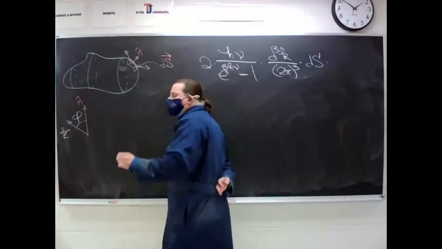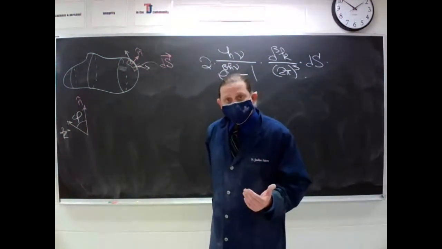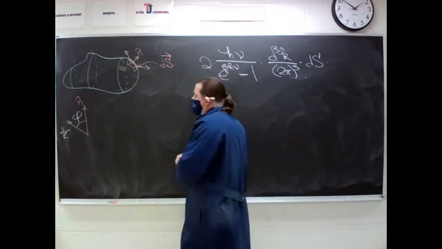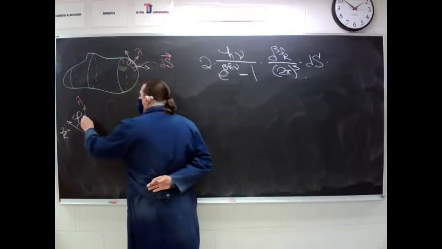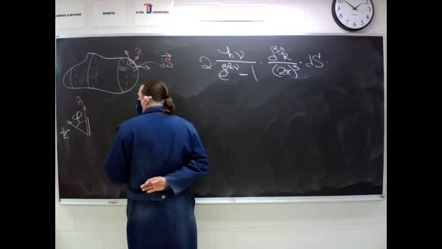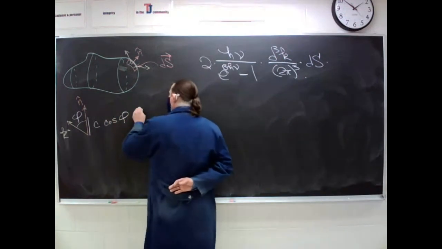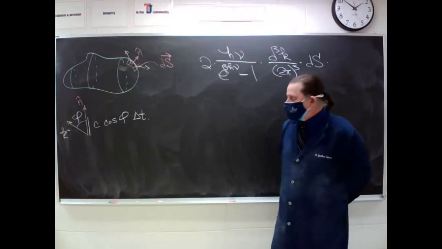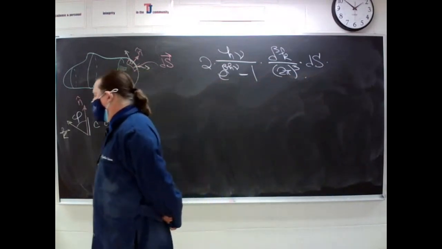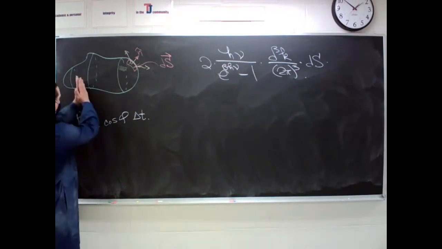Well, in the short time delta t, light will go the distance c delta t. But in this direction, it's only going to go c cosine phi delta t, because this radiation is not going directly out.